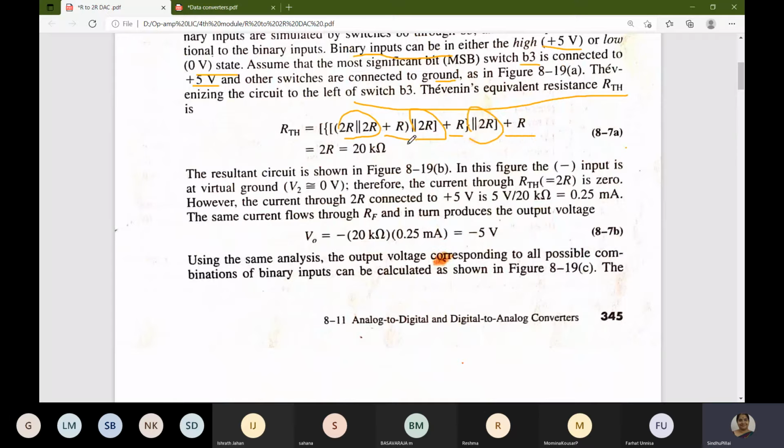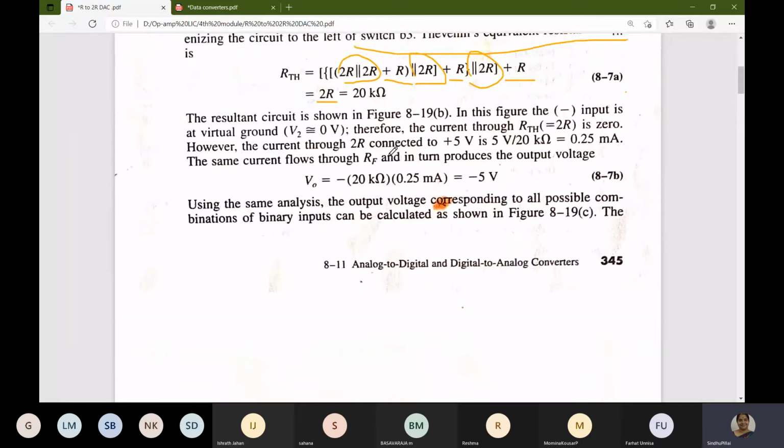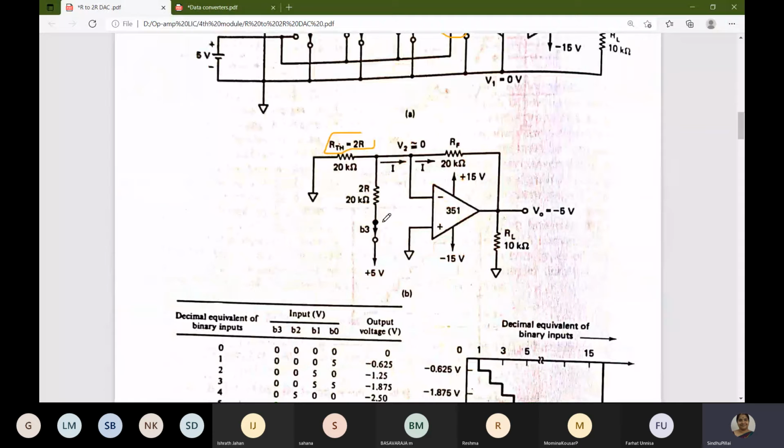So parallel and series, when they are added together, we'll get the final Thevenin's equivalent resistance as only 2R. So 2R is nothing but 20 kilo ohm, because R we have assumed as 10 kilo ohm. After this, we are just seeing that only the B3 bit is connected to plus 5 volts. When the B3 bit is connected to plus 5 volts, the main equivalent circuit gets reduced to this form.